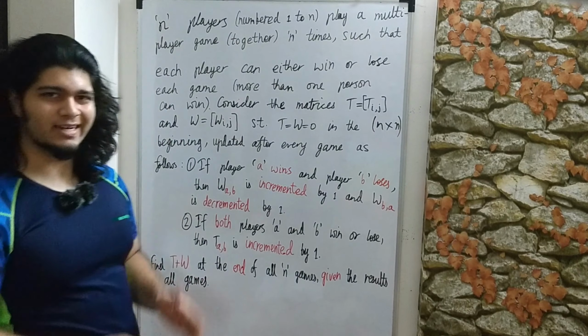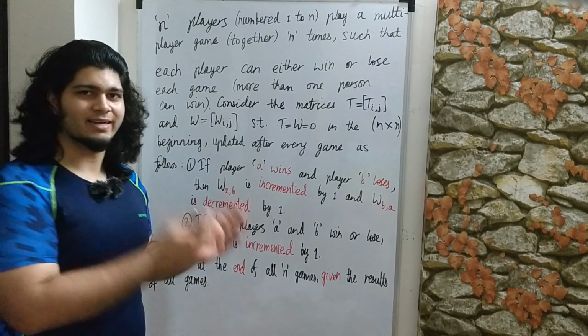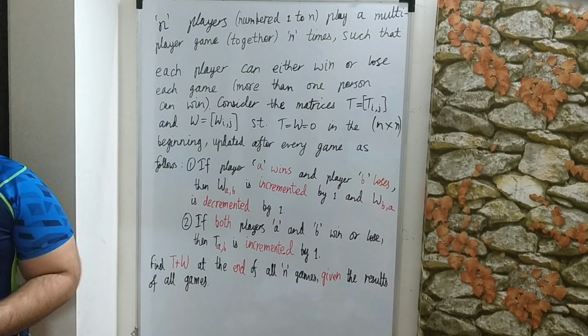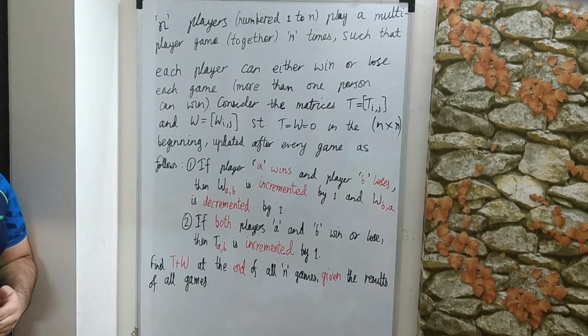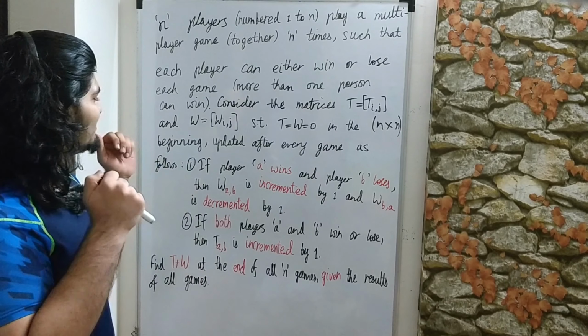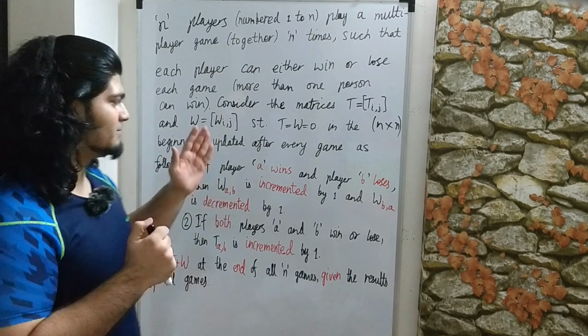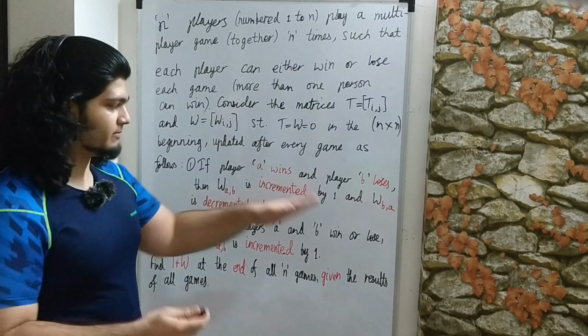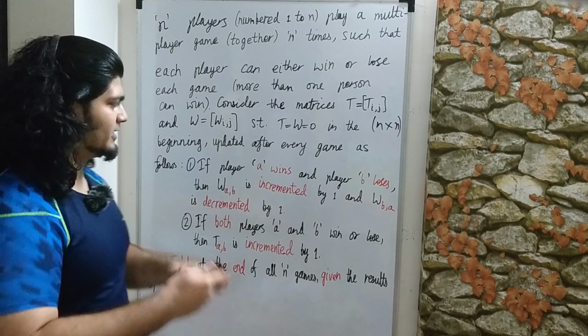So I'd suggest you read them on your own, because if I read them out it may be confusing. You can pause and read them, and for the lazy ones I'll read it for you. So if player A wins and player B loses, then WAB is incremented by 1 and WBA is decremented by 1.